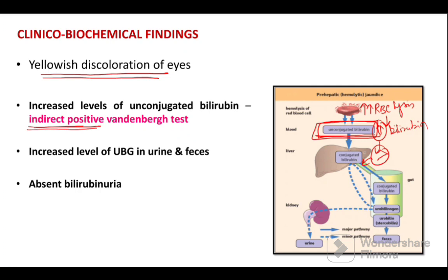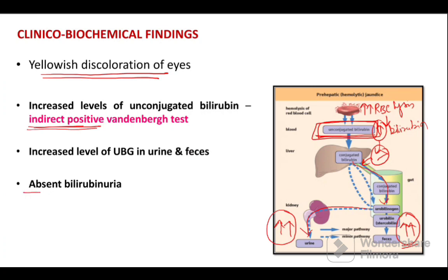When this increased bilirubin is converted to urobilinogen, the urobilinogen is increased in amount in urine when compared with normal. So urobilinogen in urine and also in feces are increased in amount when compared with normal.